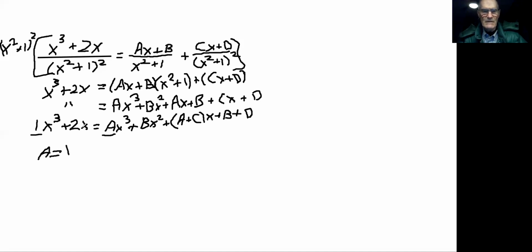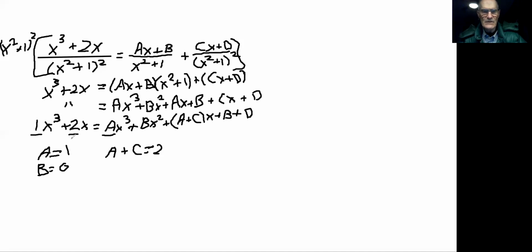Now, there is no x squared term over here, so that tells me that b is 0. And then I look at my x terms: a plus c on the right equals 2, because 2 is my x coefficient on the left.